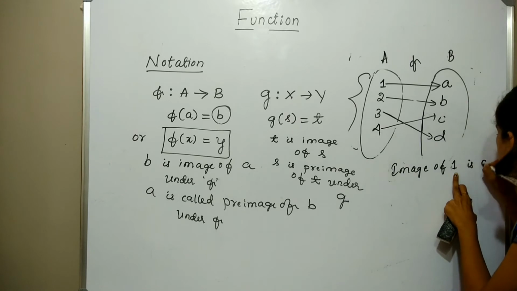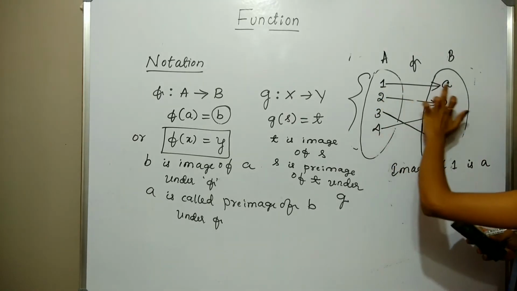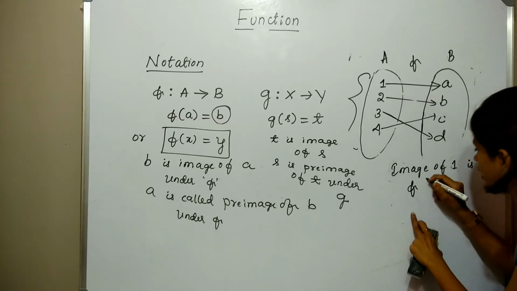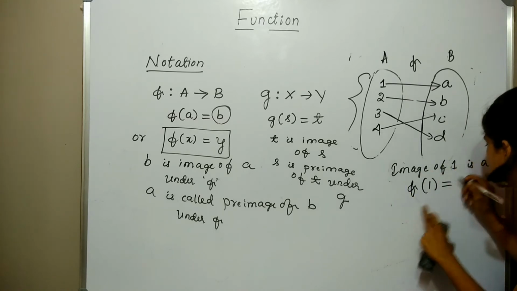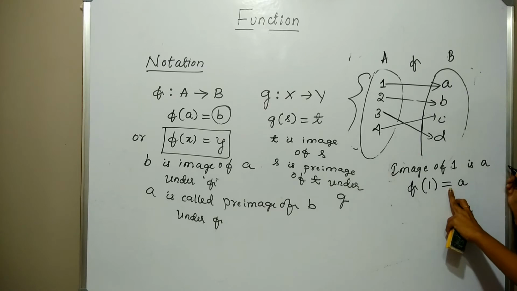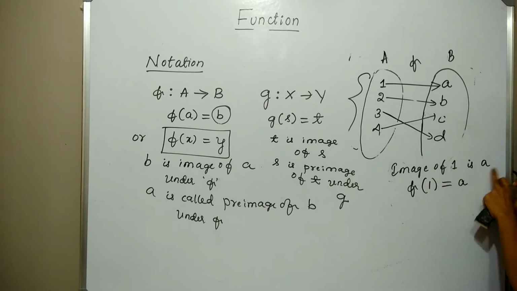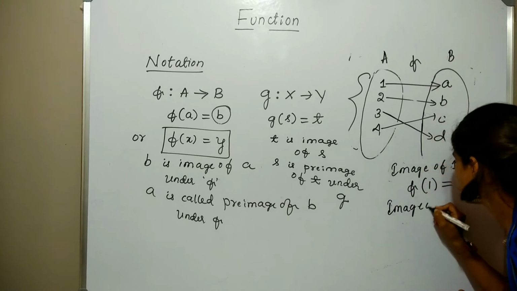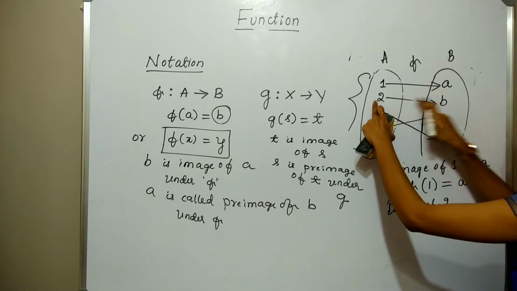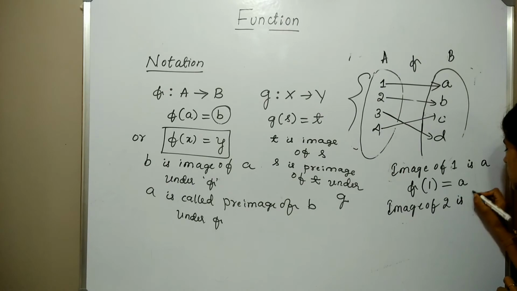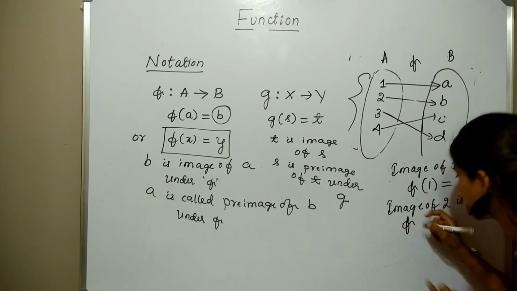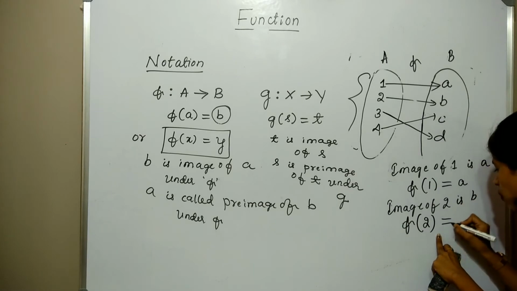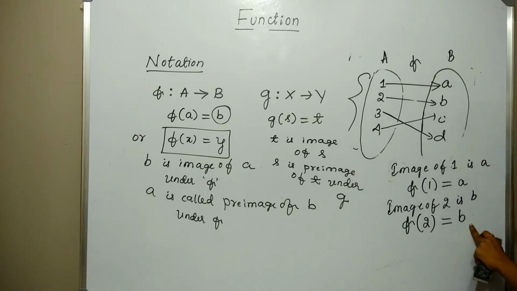Image of 1 is A. It is denoted by f of 1 is equal to A. Is it okay? Now take 2. What is the image of 2? Image of 2 is B, denoted by f of 2 is equal to B.